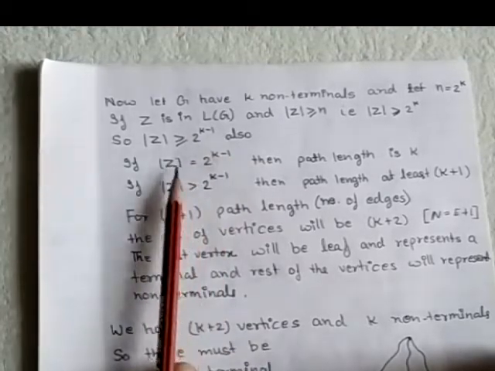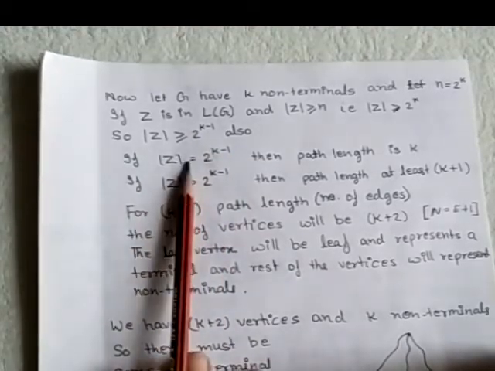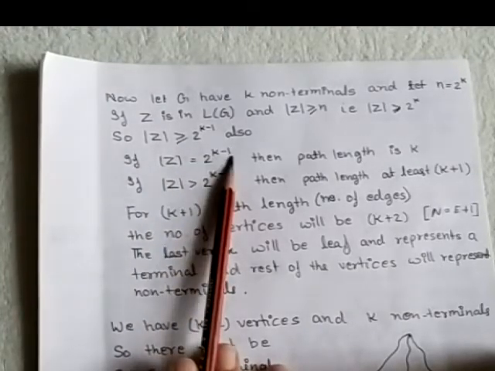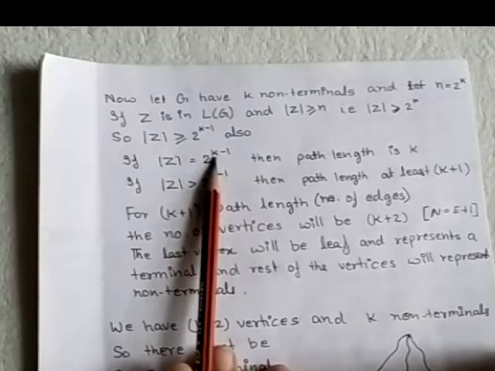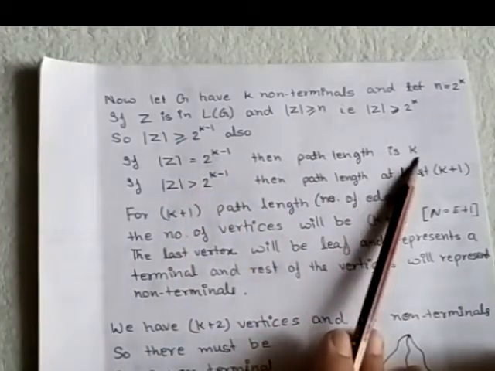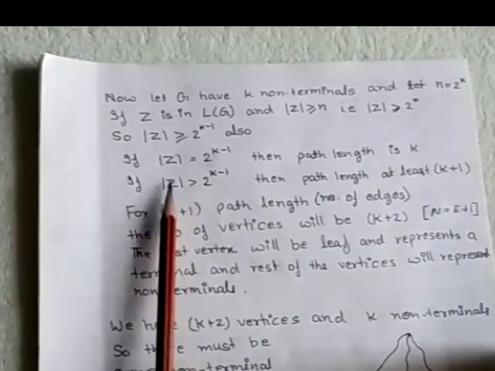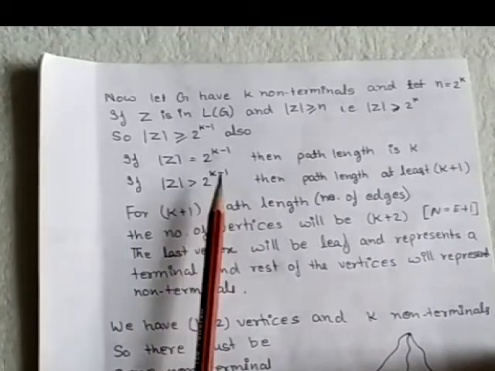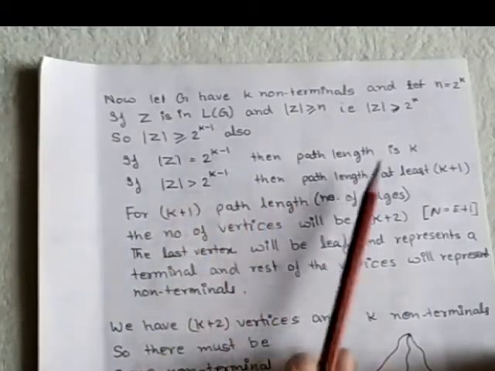Okay. So if the length of Z is equal to 2 raised to the power k minus 1, then the depth should be at least k. If we are taking the length greater than this, then obviously the depth should be at least k plus 1.